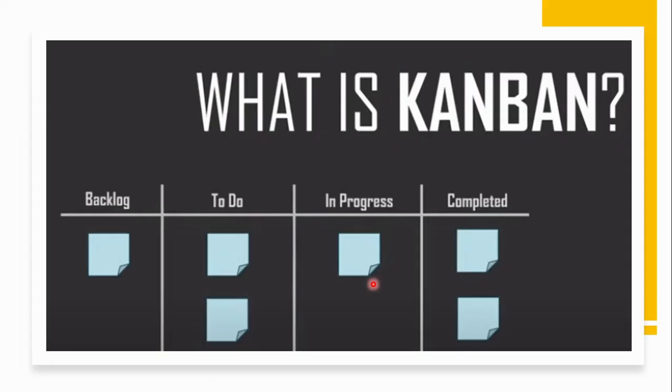So Kanban is another framework that they have developed based on the Agile principles. If you can remember in Scrum, the difference between Scrum and Kanban is that Kanban is a continuous process, whereas Scrum is, for example, 2 weeks, 2 weeks, 2 weeks iterative cycles.